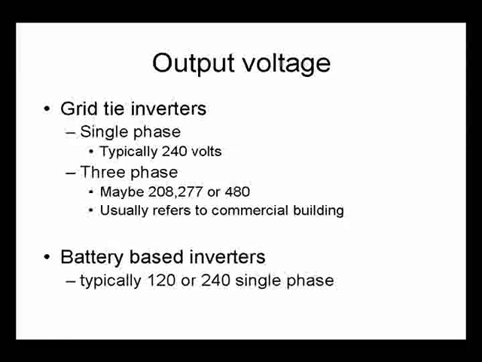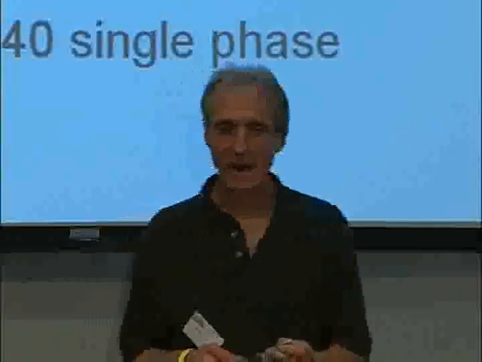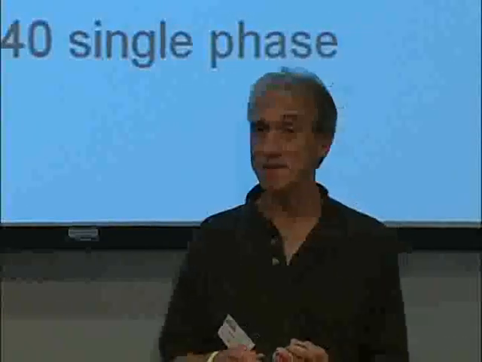Output voltage. The grid tie inverters are typically 240 volts AC output. When these inverters first go into operation, they are going to synchronize to the power company. And the power companies are very fussy about this.